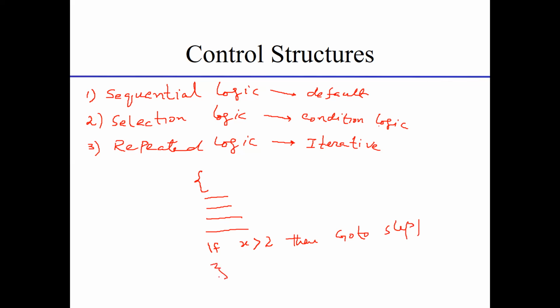So line number 1 will be executed, then line number 2, then line number 3, then line number 4. These are the sequential lines. Here I have selection logic as well as repeated logic. At this stage, the value of x is to be checked.